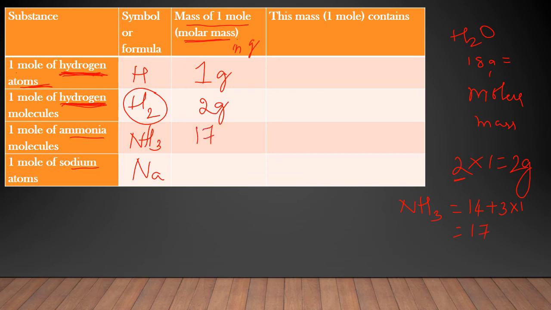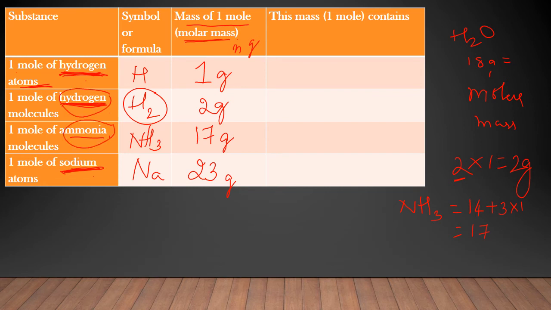So it is 17 grams. Sodium again is an element, so I need to write its atomic mass, that is 23. So we have found out the molar masses depending on whether it is an element or a compound. These are compounds, the other two are elements.